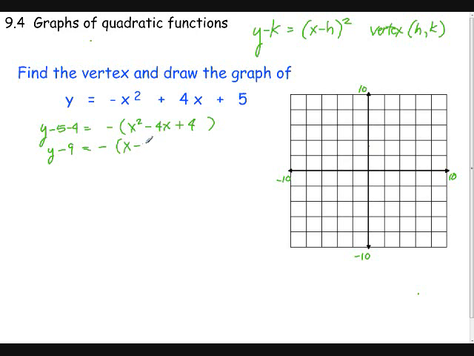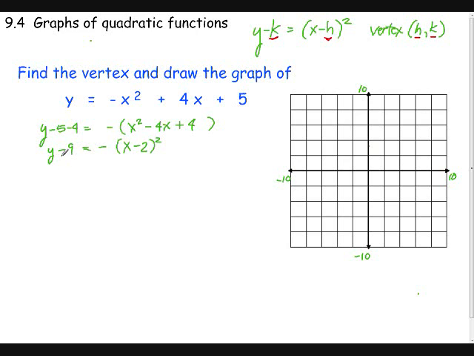x minus 2 squared. The whole reason that we went to a perfect square trinomial was so that we could rewrite it as a binomial squared. Well, check this out. Let me change colors. We said that our vertex would be h, k, where the k would be found here and the h would be found here.